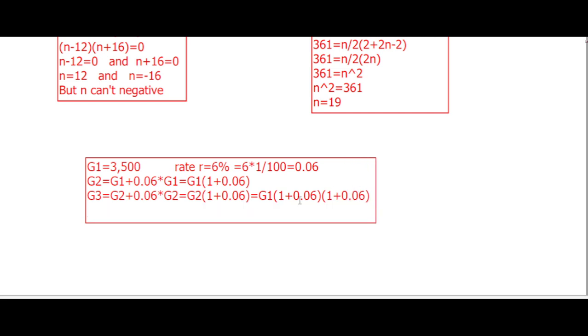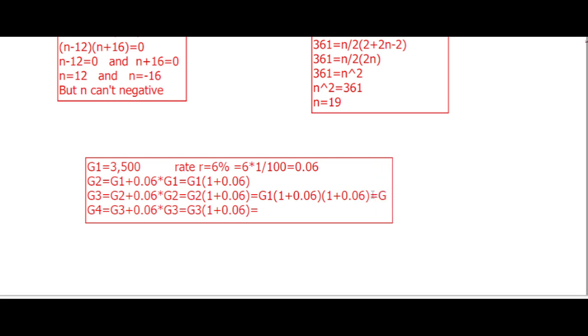Again, now let's compute G4. G4 is equal to G3 plus 0.06 times G3, which is equal to, let's take G3 common, G3 times 1 plus 0.06. Now let's substitute G3.